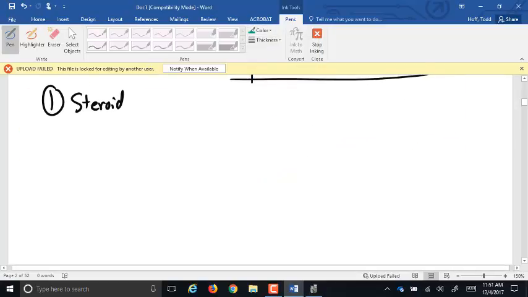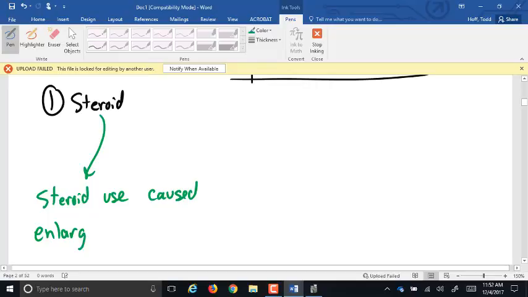One possibility is the steroid use caused an enlarged amygdala.